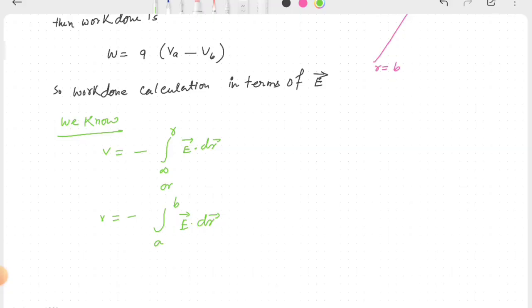So we use these expressions for the calculation of work done here.